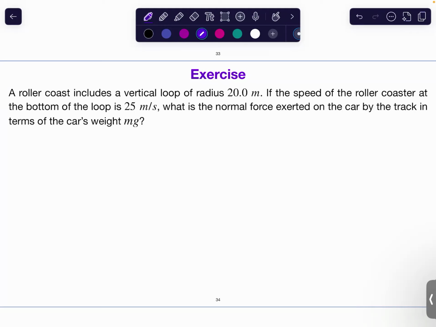Okay, so imagine you're going to have this loop. The roller coaster car is going around the loop.